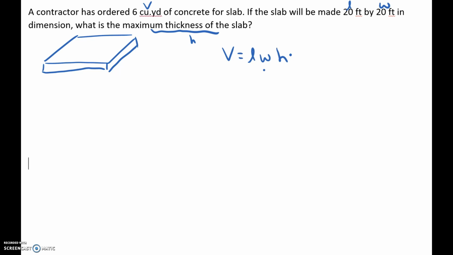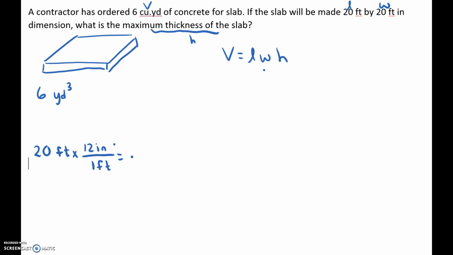Our answer for the thickness, we likely want in inches, and so it'll work better for us if we convert the volume of 6 cubic yards to inches, as well as the length and width measurements of 20 feet to inches first.